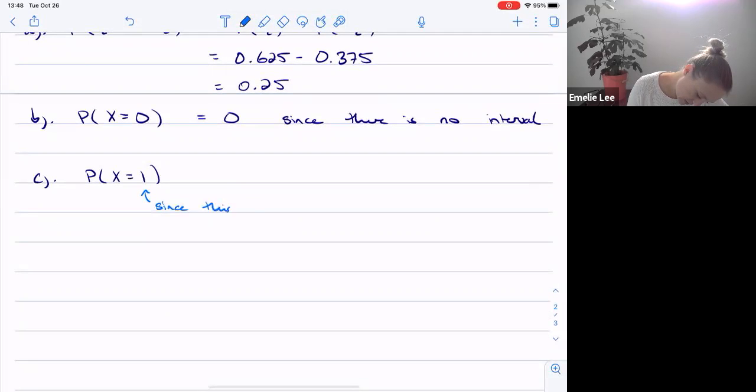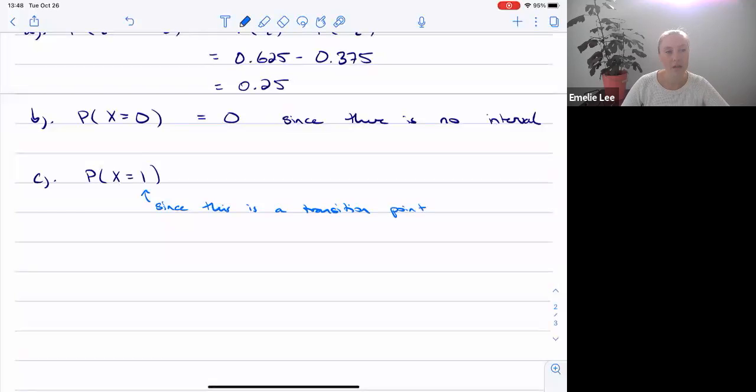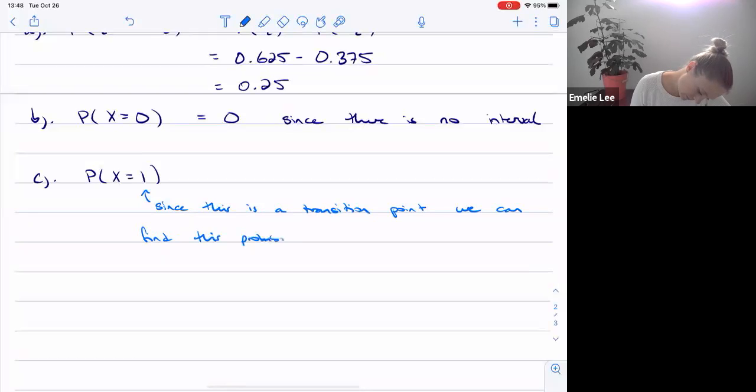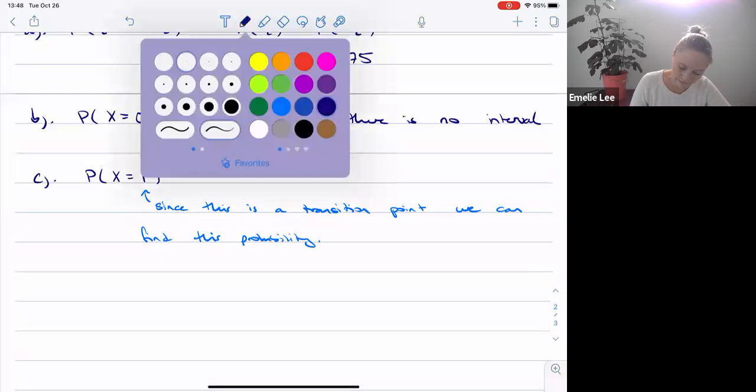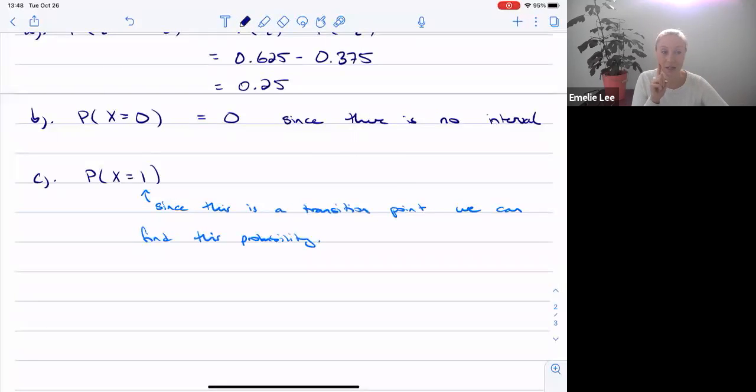Since this is a transition point, we can find this probability. How I think of it is exactly what we saw in the chat.